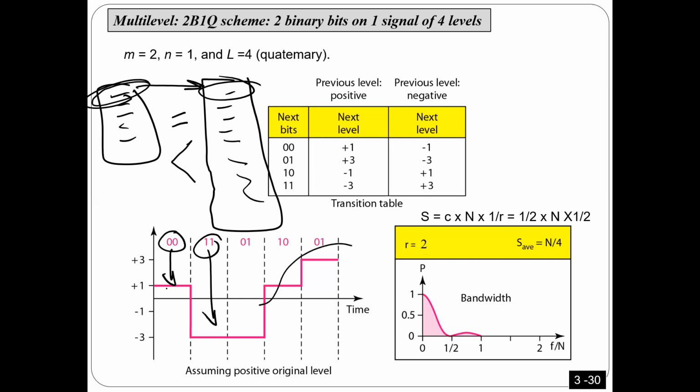Otherwise, some binary numbers I can't transmit because they don't have a signal element pattern. So at least they should be equal, or it can be less. It means I can have more signal element patterns than binary data.